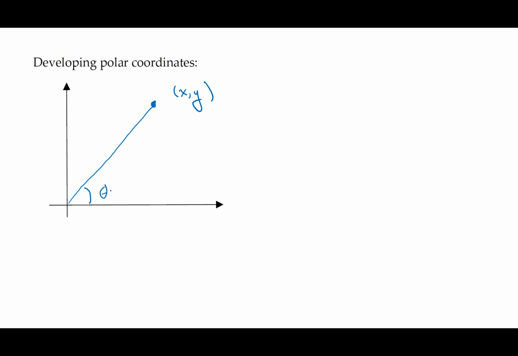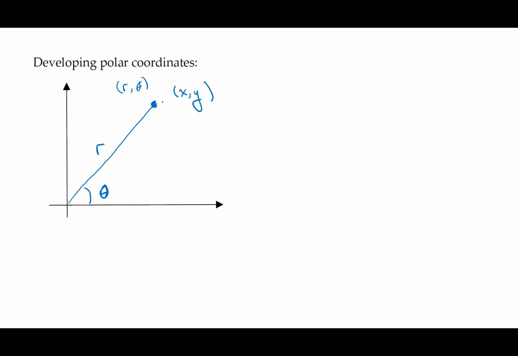And if we do that, then instead of x and y, we're going to name this distance r for radius, and we're going to name this angle theta. And so the point, instead of being x, y, we could describe as r, theta, meaning take some distance and rotate it through some angle, okay?